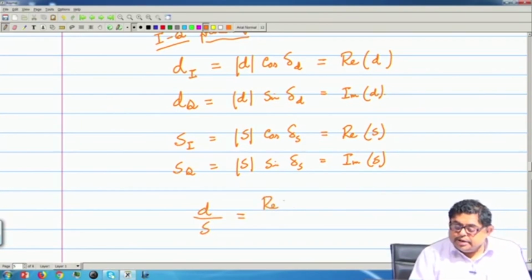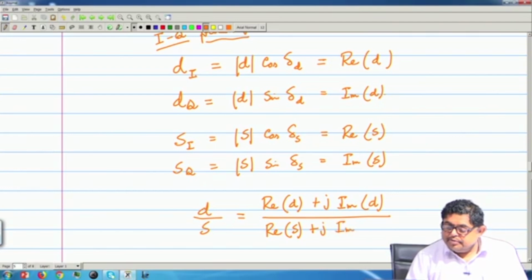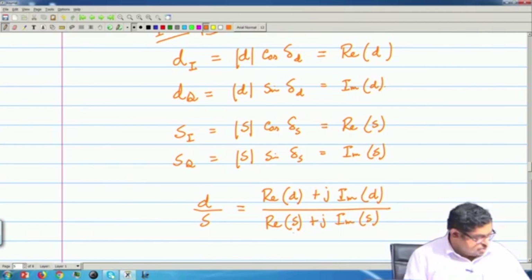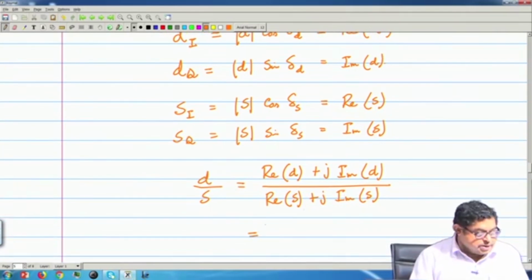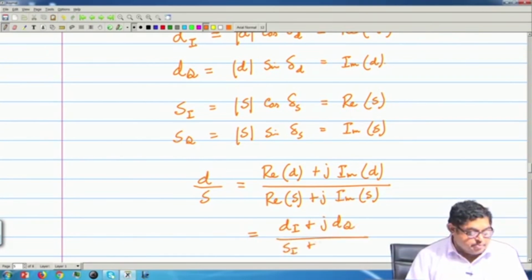I can write it as real D plus j imaginary D, divided by real S plus j imaginary S. That is, DI plus j DQ over SI plus j SQ.